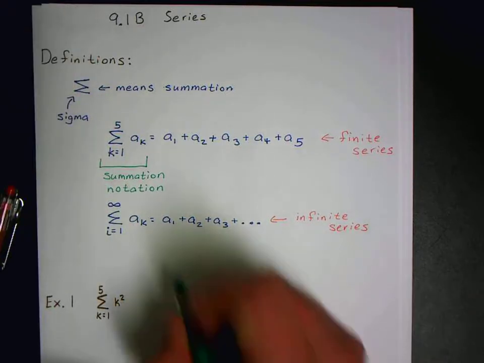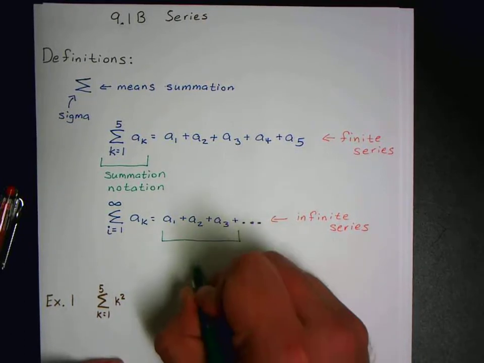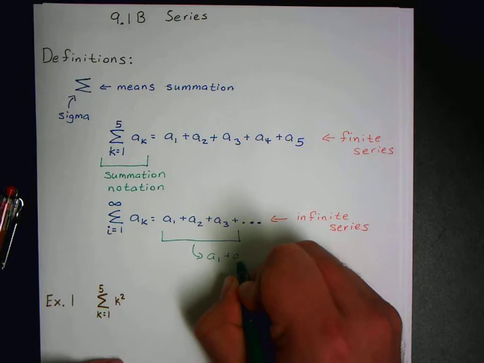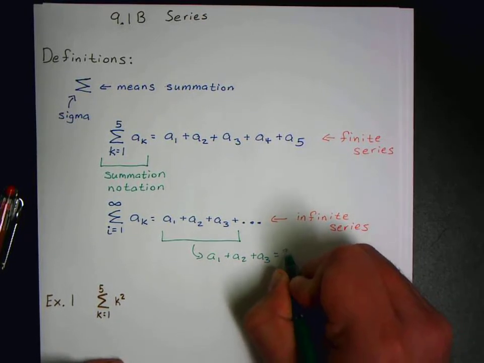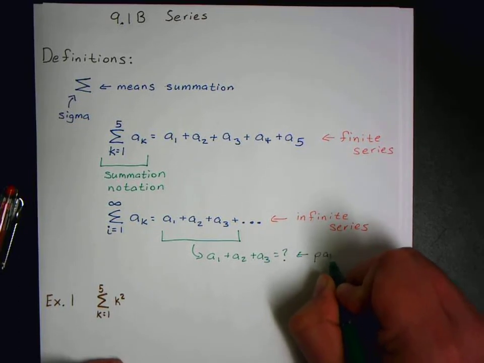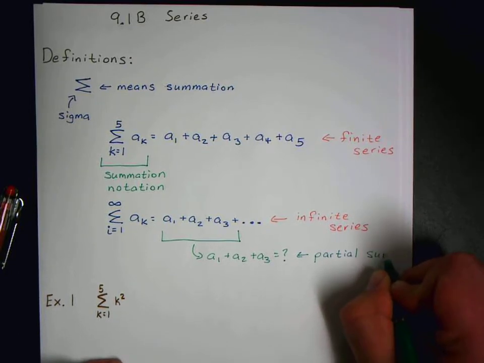Now, if we take this and we just find part of it, that's called a partial sum.